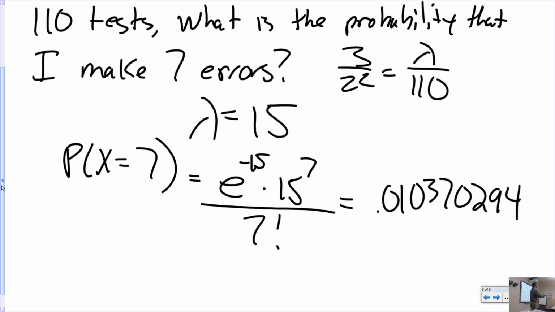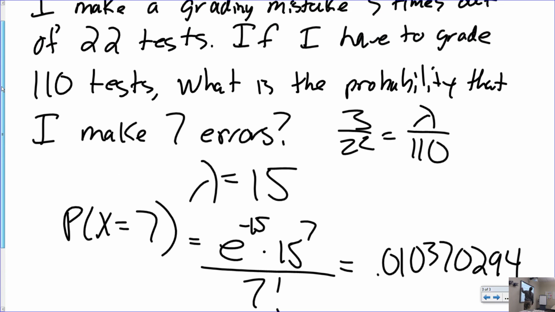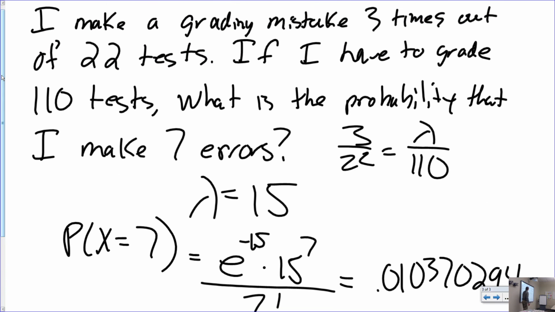The idea is, how many errors do you expect me to make? At least 3 out of 22. If I'm grading 110 tests, how many errors do you expect me to make? 15. So what's the likelihood that I only make 7? Very little. Pretty darn small. That's the idea, because my average is 15.